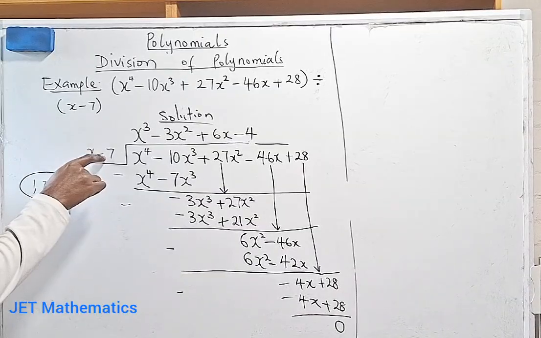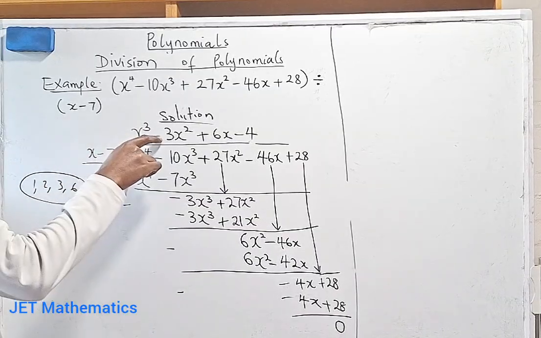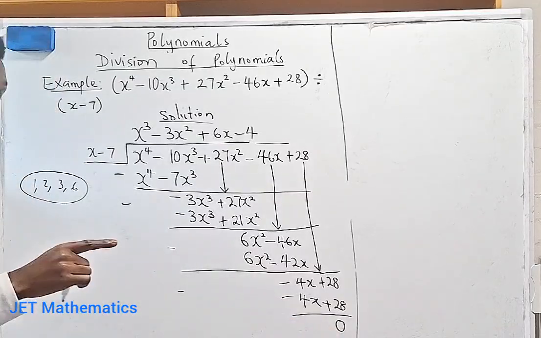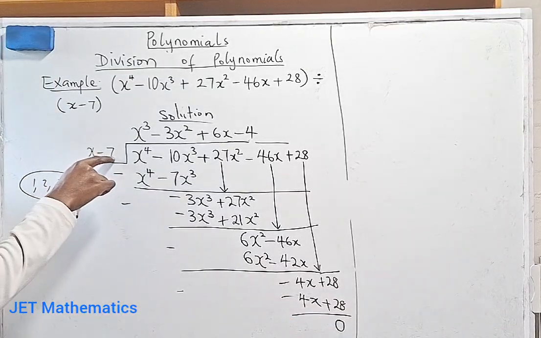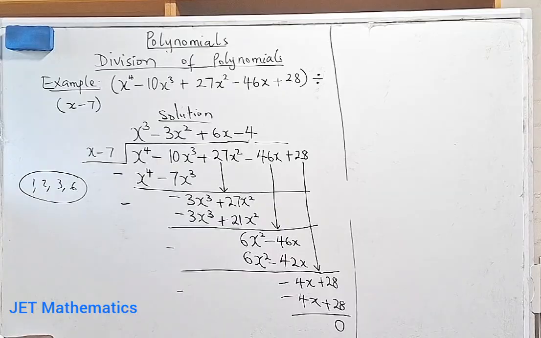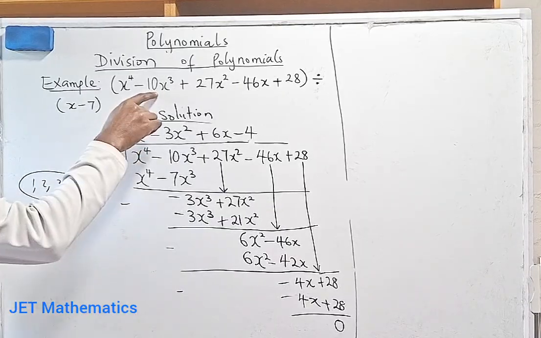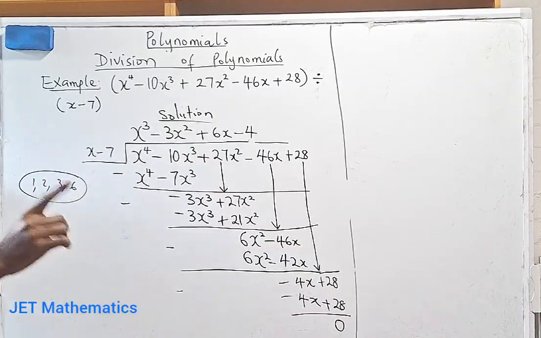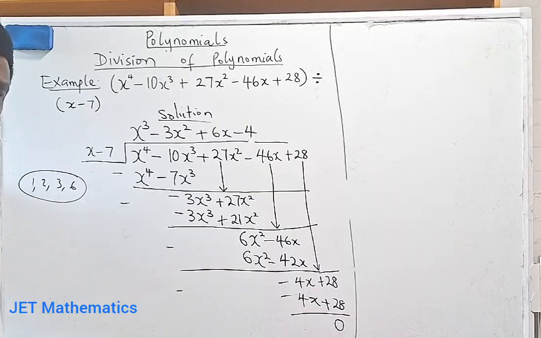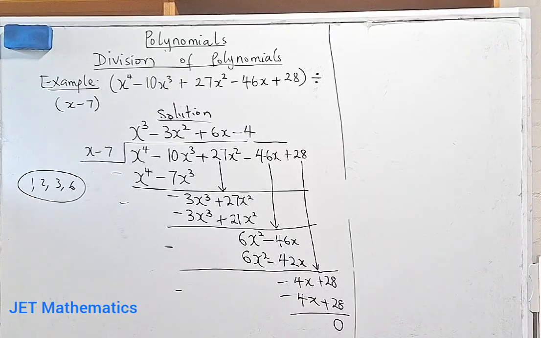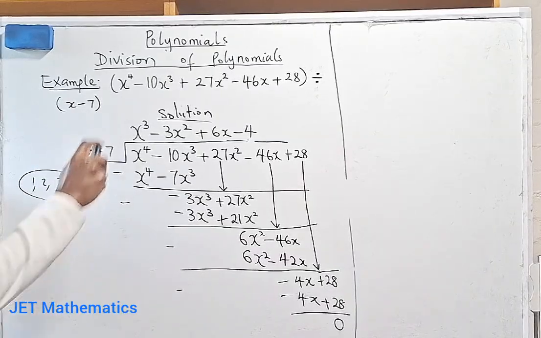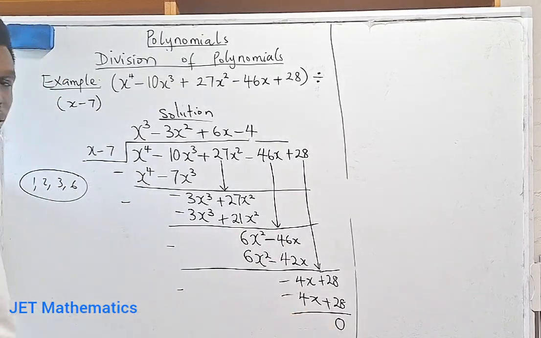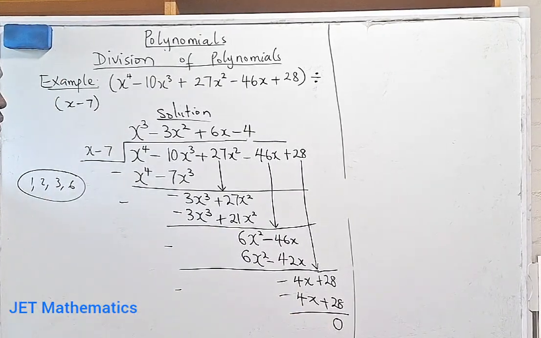So dividing this polynomial and leaving a remainder of 0 implies that x minus 7 is a factor of this polynomial. We'll discuss that in detail when we do the remainder theorem, but you can just put that at the back of your mind. In our next video, we'll be looking at a division that will give us a remainder that is not equal to 0.